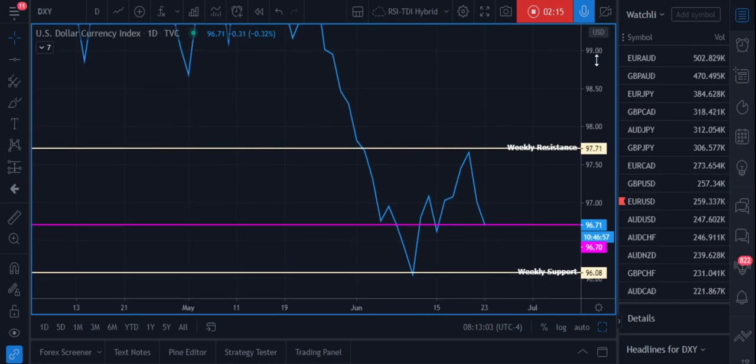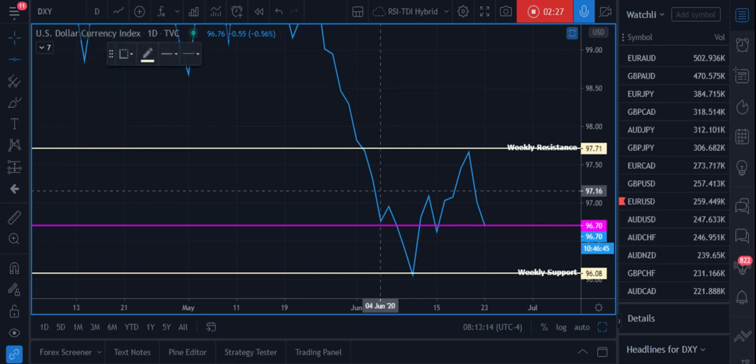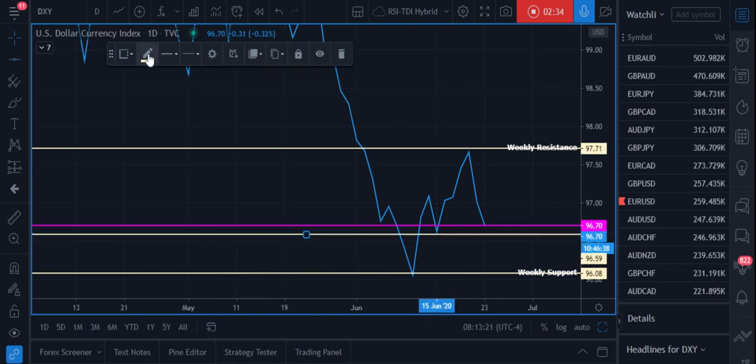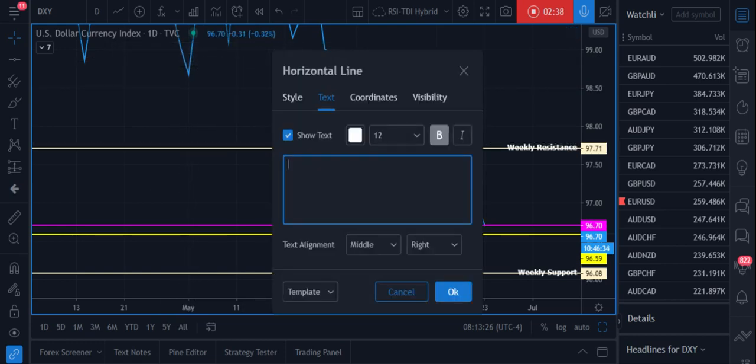In this particular case, I'm looking for the most recent high and low on the daily, because I like to do the same thing on the daily. So I'm going to see what price is currently. If you can see, this is the most recent low right here. I'm going to change the color and type in daily support, because that is a low.